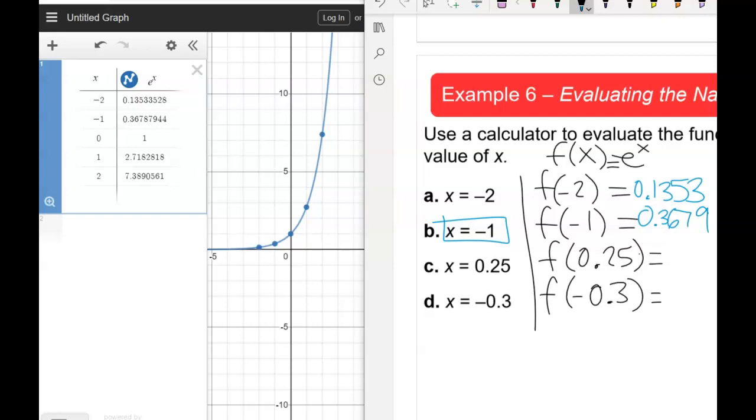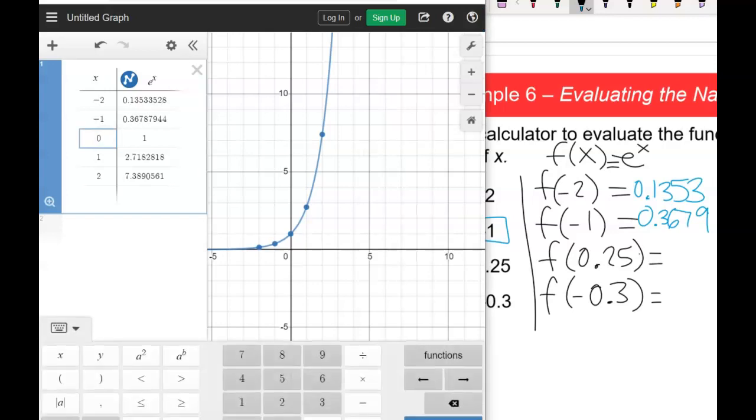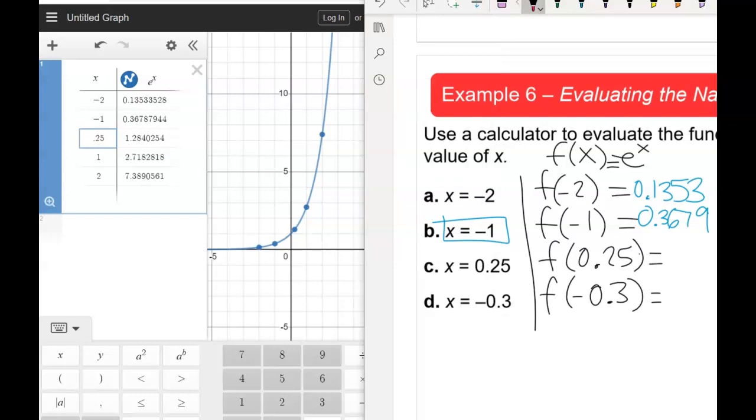So now the next one, we don't have it. However, we could always type it in decimals. So let's see, that will be the x value 0.25. And we get a y value here. So that's going to be 1.2840. Okay, and then finally, let's take the one for -0.03.